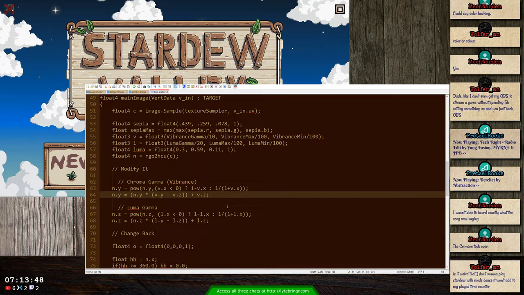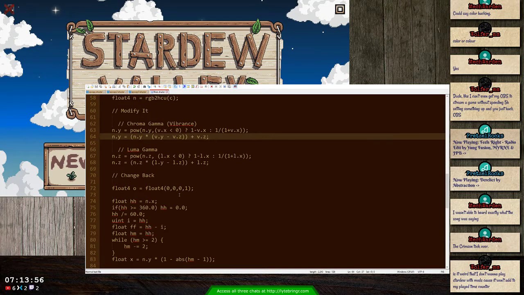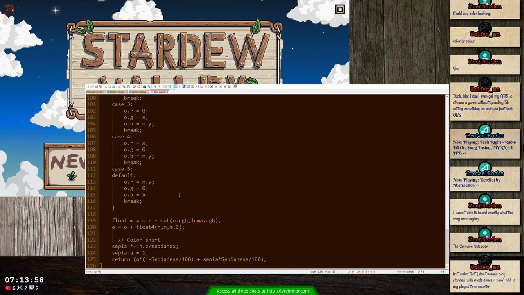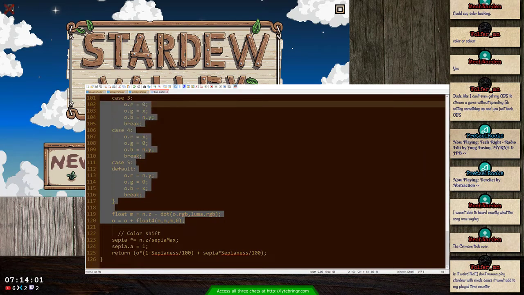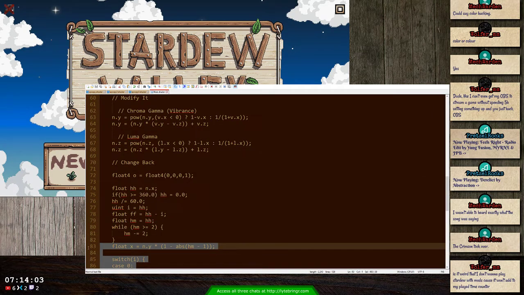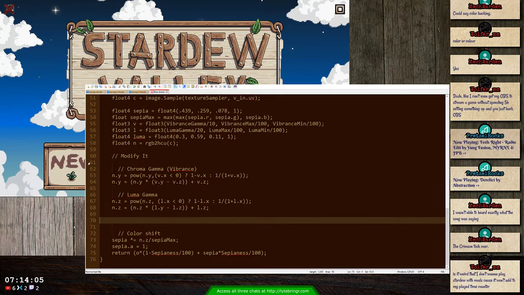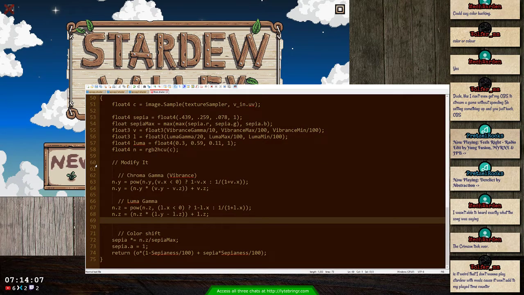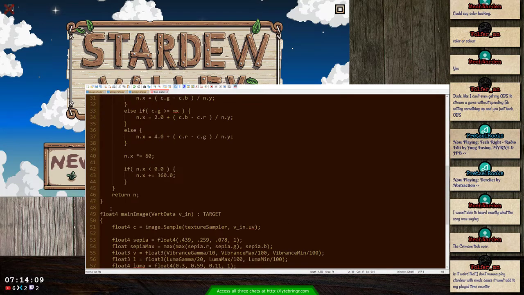Do we isolate first and then gamma? Do we gamma first and then isolate? It's an interesting conundrum. Either way, while we think about that, I'm going to make the change back into its own function as well, from what we learned from this.